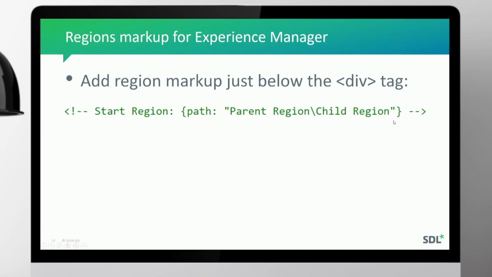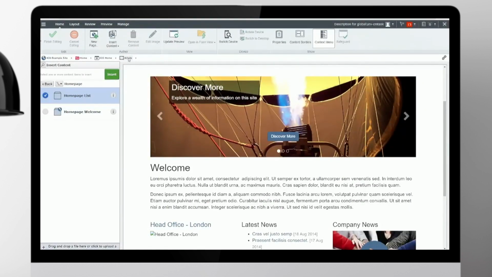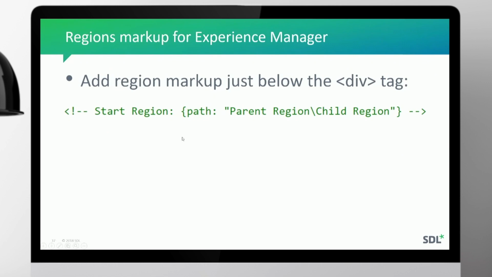And then we also extended the markup for Experience Manager a bit. In order to generate proper drop zones in XPM, and in order to generate these breadcrumbs, XPM relies on this markup called start region.